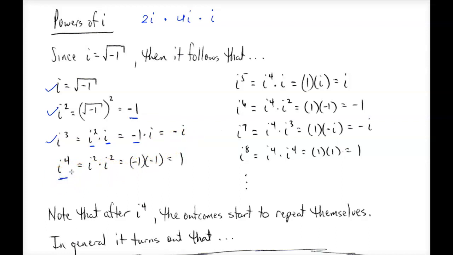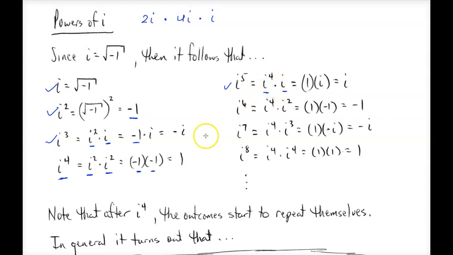i to the 4th is the same as i cubed times i, or put another way, i squared times i squared. And you see that i squared times itself is like -1 times itself, which is 1. When we start with i to the 5th, per our exponential rules, that is just i to the 4th times i.